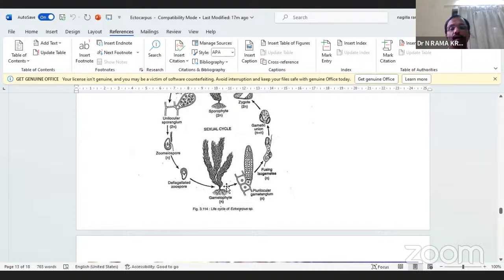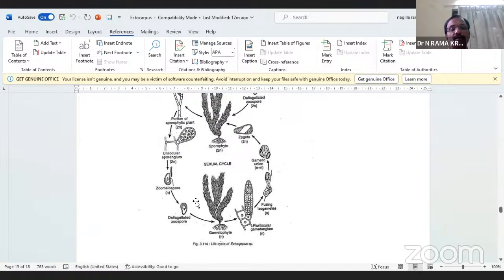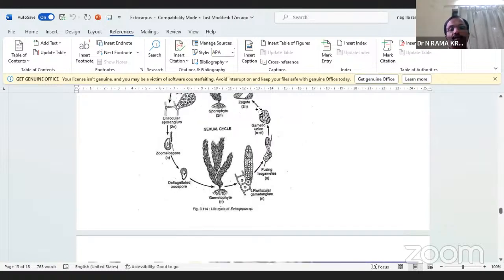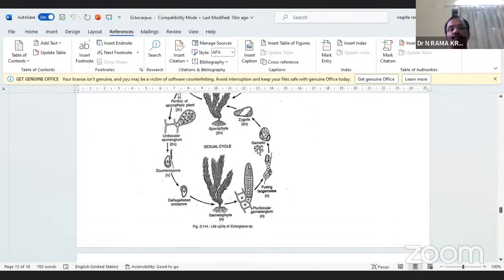Here there is one more section: the sexual reproduction system with plurilocular sporangia. This is the gametic union.